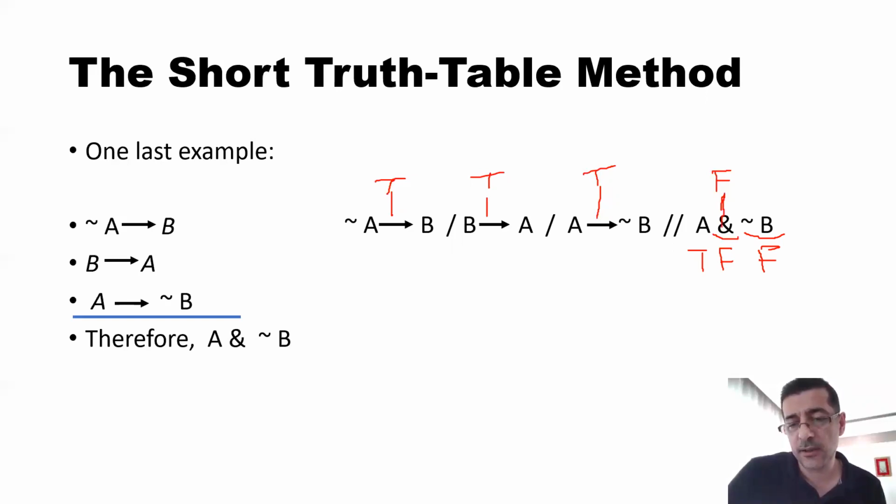Then another case of false would be when this is false, but not B is true. Then again, my conjunction would be false. Then the last one would be when both of them are false. So if this is false and not B is false, then this would also be false.